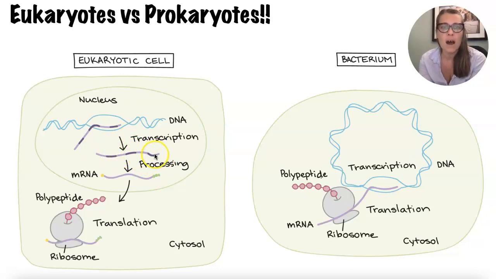This is not yet your mRNA. This is a pre-mRNA. We're going to see in detail how we make this light purple and how we add this yellow dot here and these three green dots at the end here. We're talking more about that in a few minutes. For now, just realize that there is some level of complexity here that bacteria don't have, okay?